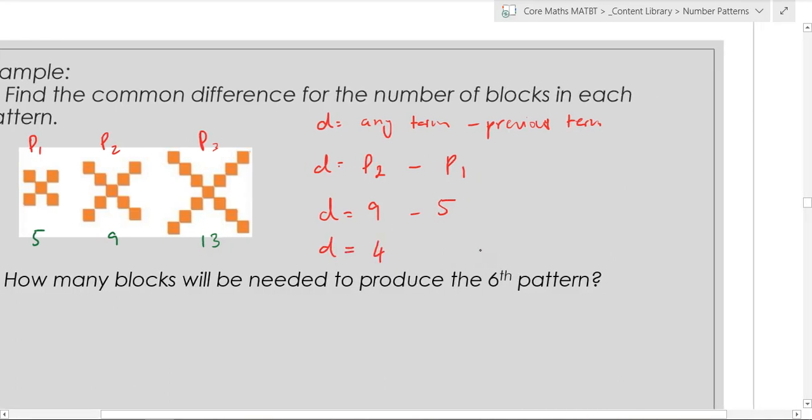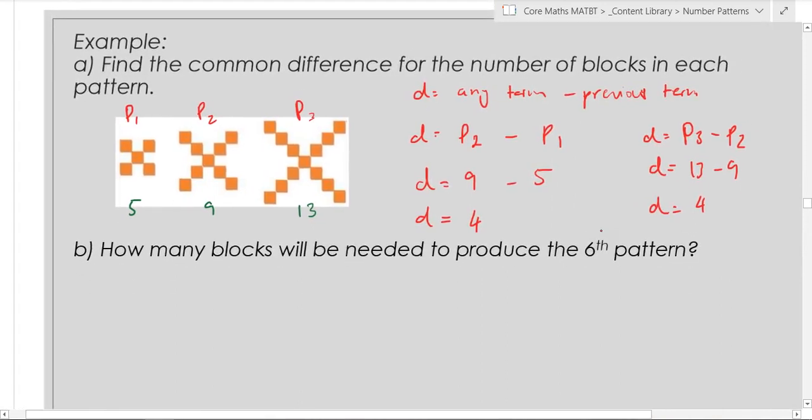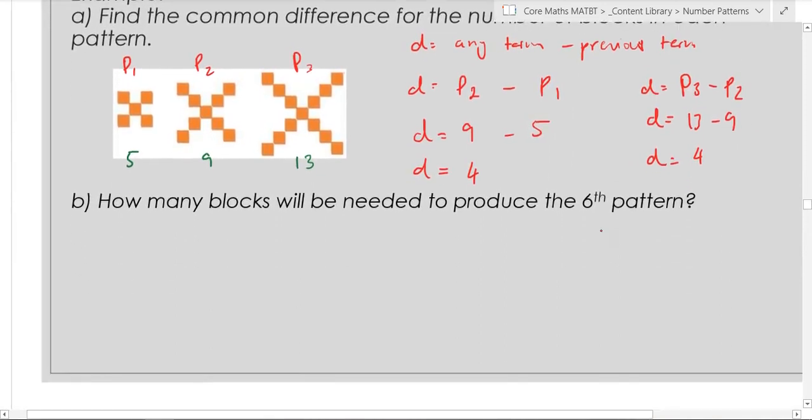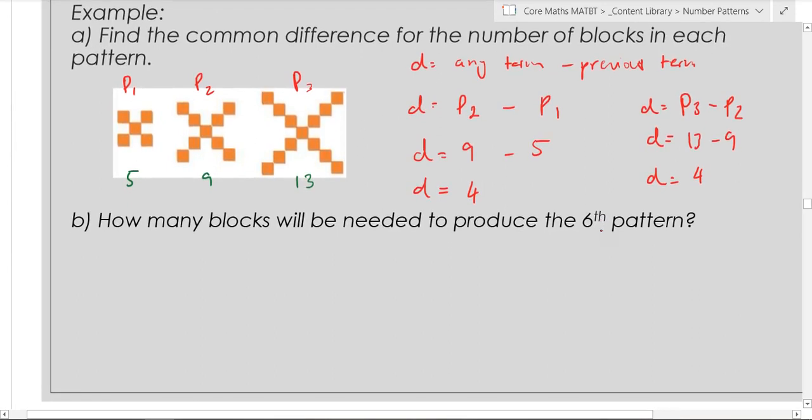I can test that again if I wanted to. I could do P3, take away P2. And in this case, it would be 13, take away 9, which is also 4. So the common difference is 4. So that means to get the next blocks or next pattern, you have to add 4. How many blocks will be needed to produce a sixth pattern?